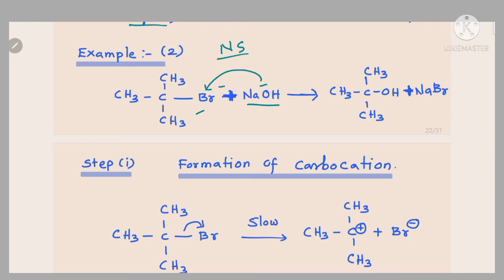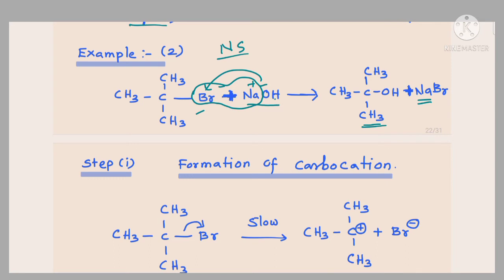That is how it is a nucleophilic substitution reaction. As a result, you are getting tertiary butyl alcohol with byproduct sodium bromide. Or otherwise, you can say that Na plus and Br minus combine to form sodium bromide, and OH replaces bromine, so that you get an alcohol as a product. So tertiary butyl bromide gives tertiary butyl alcohol.